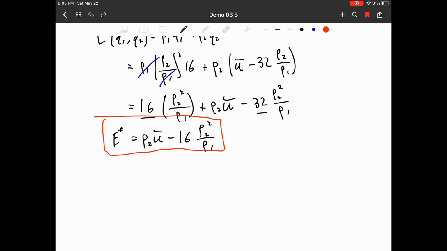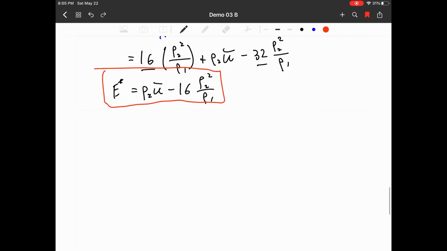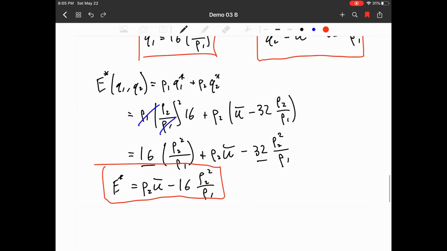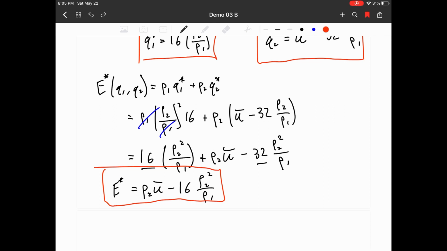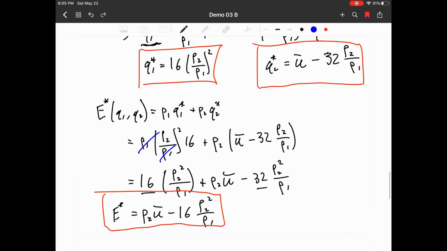Okay. So this is the expenditure function, and let's just go ahead and verify that the values we used in the last video give us the same solutions using the expenditure function. So to do this, I'm going to do this in blue. Our price for 1 was equal to 2.